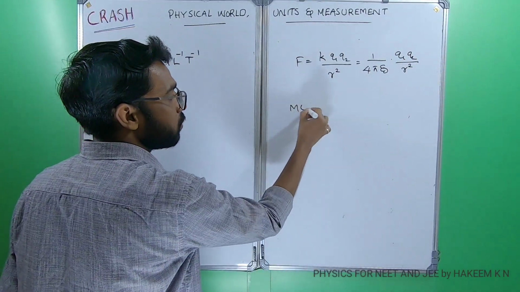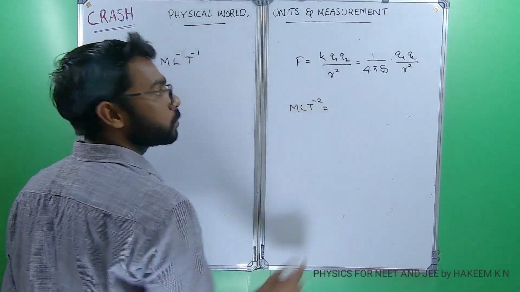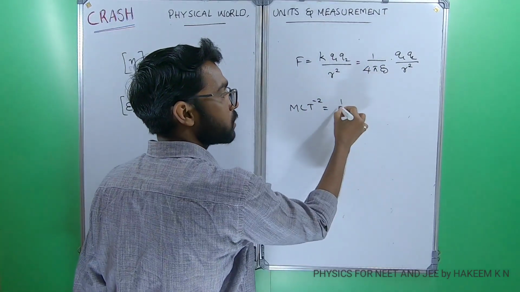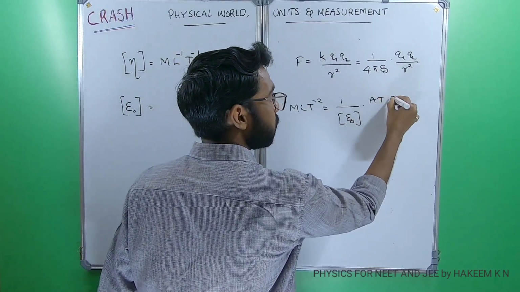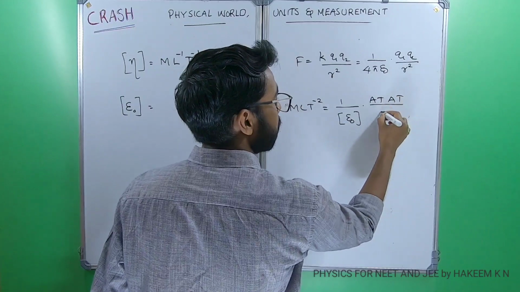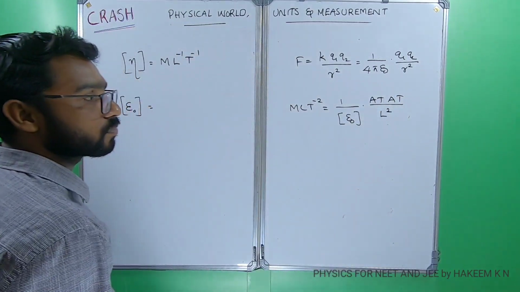For force we write MLT power minus 2. 1 by 4 pi has no dimension, 1 by dimension of epsilon naught, times charge AT into AT divided by length L square.